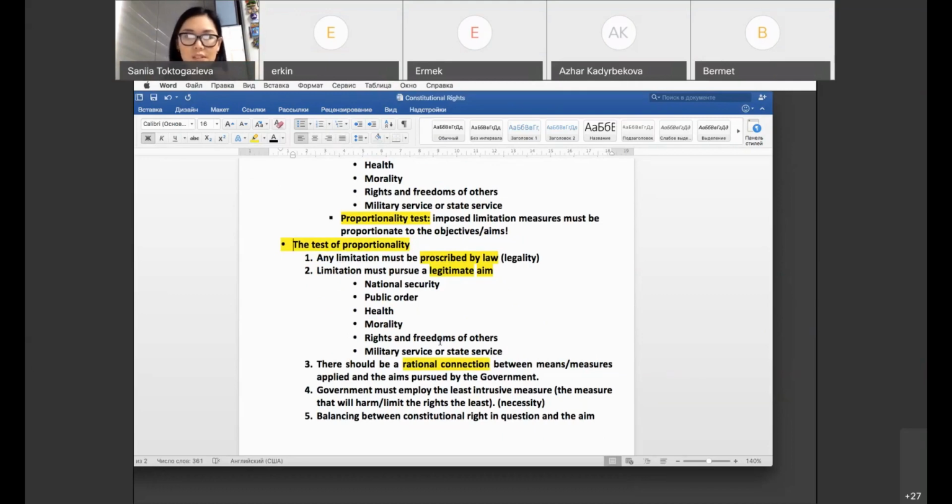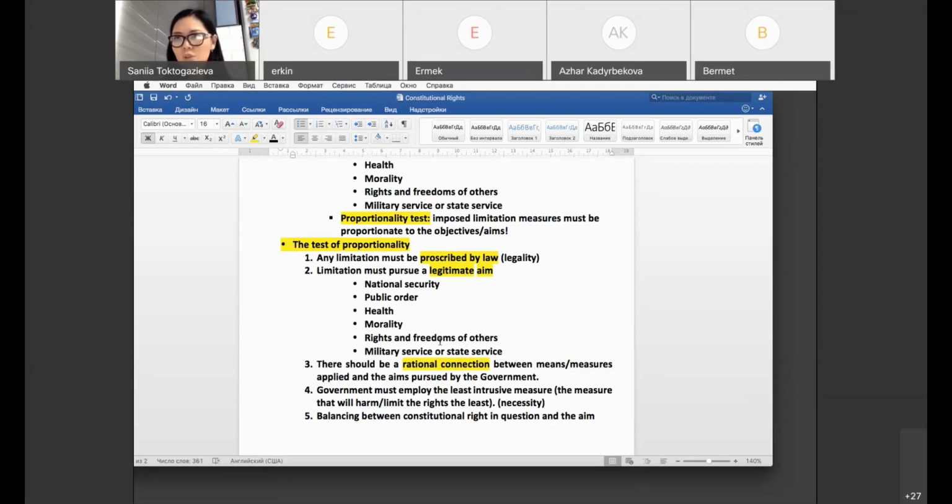For instance, if you are in the group of applicants, you will be arguing that the law adopted by Jogorku Kenesh is an unconstitutional limitation, that it does not pass the proportionality test. If you are representing the respondent, Jogorku Kenesh, you will be saying it is proportionate, and it is a lawful constitutional limitation.